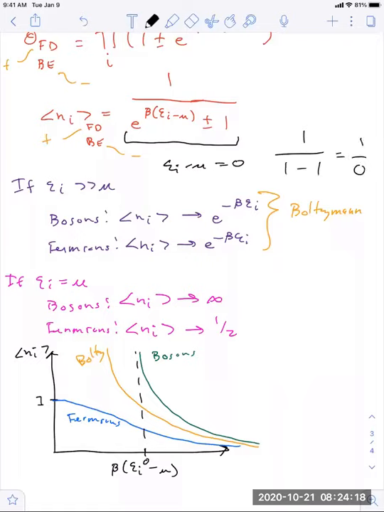So the average occupation goes to infinity as epsilon minus mu approaches 0. And that's really just in the definition of chemical potential for bosonic particles. Okay, thank you.